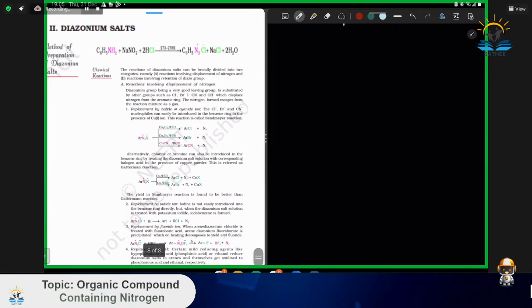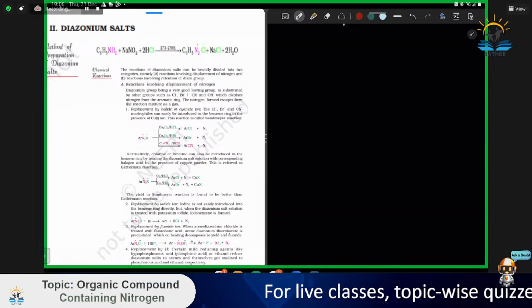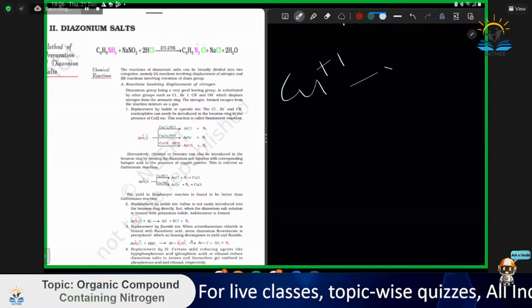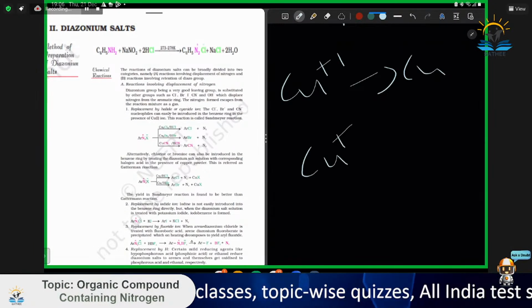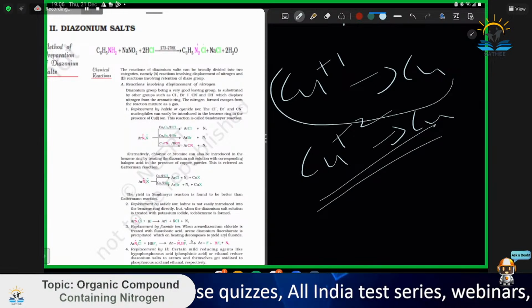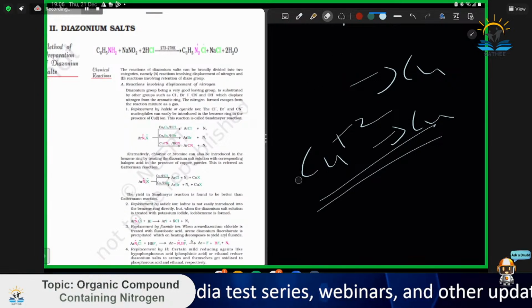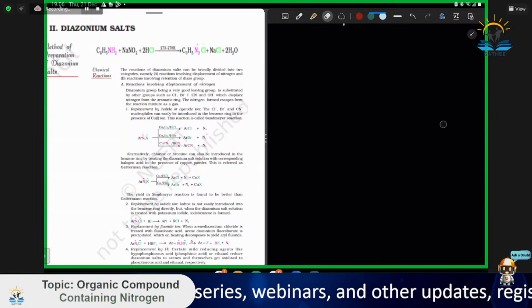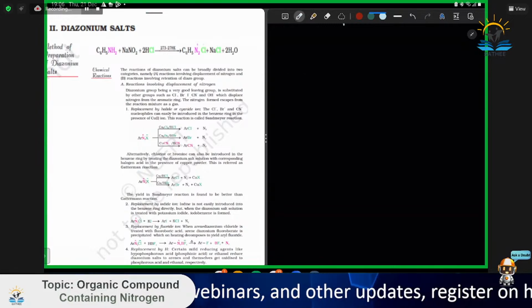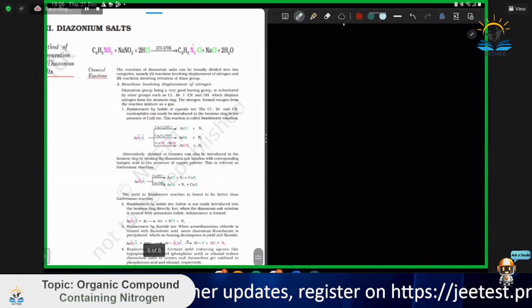The yield in Sandmeyer reaction is found to be better than Gattermann reaction. Strong doesn't necessarily mean good. In Cu2Cl2, your Cu has to go from Cu+1 to Cu. Here it's Cu+2 to Cu. This is more difficult when compared to this. This happens simply. So your yield in Sandmeyer's is better. Cu+2 to Cu takes a lot of time and energy.